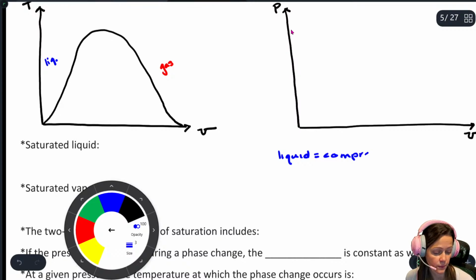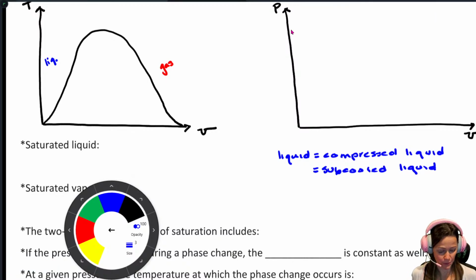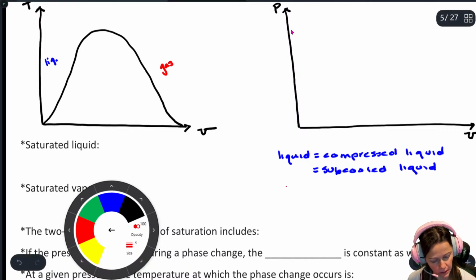I don't know why we add that word, but we do. Sometimes you'll see it referred to as a subcooled liquid. All different names for the same darn thing. We just like to make it more confusing.